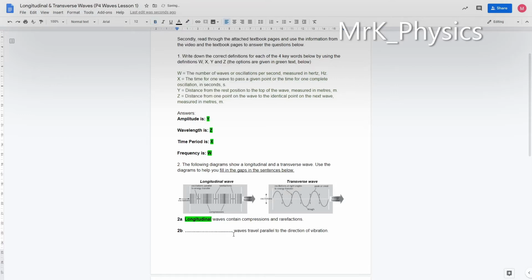Okay, on to the next one, where it says waves travel parallel to the direction of vibration. Again, having a look at the diagram and thinking back to the waves on the string, we know that for the transverse wave it's at right angles, so it can't be that one, because that would be perpendicular, not parallel. So it's going to be our longitudinal wave again.